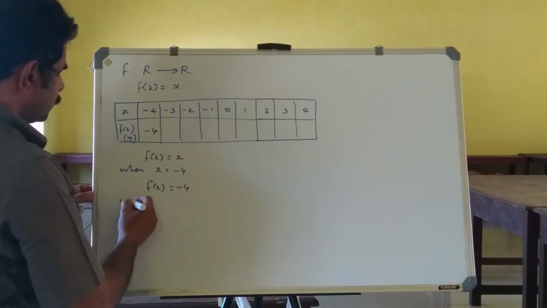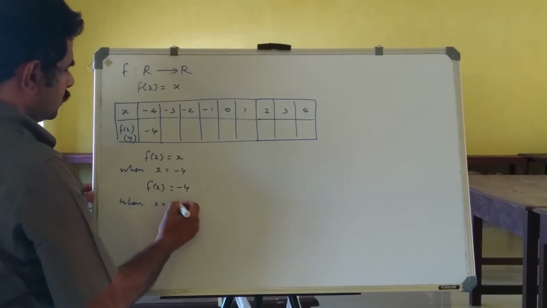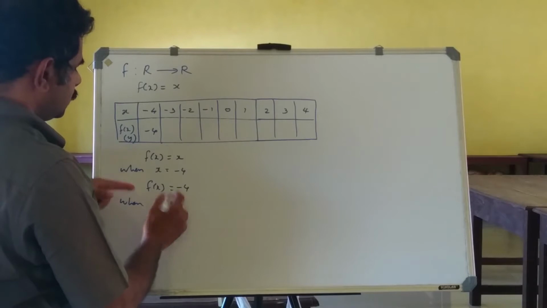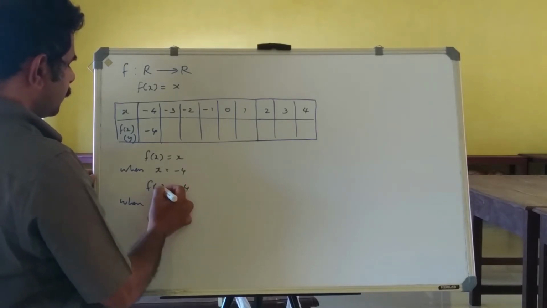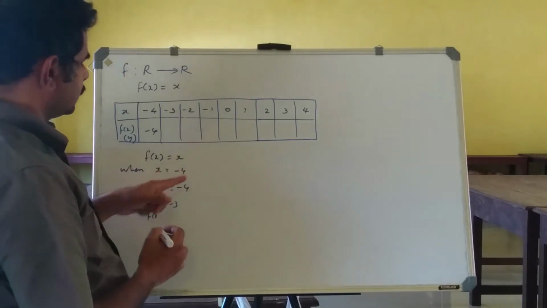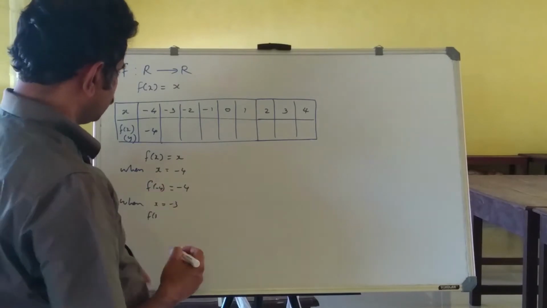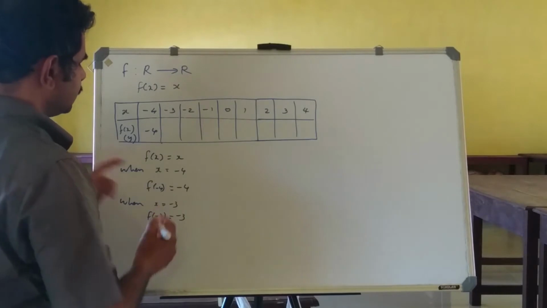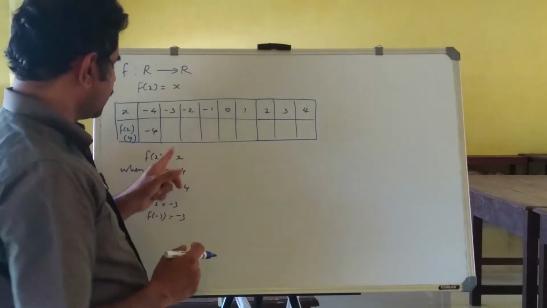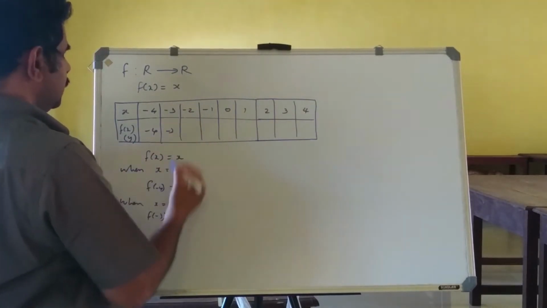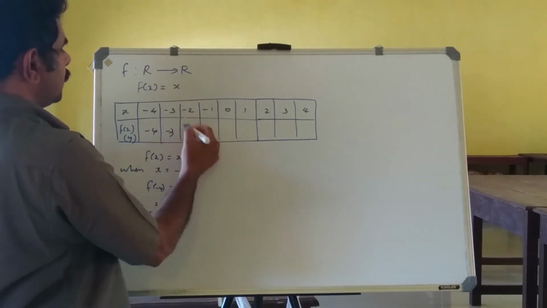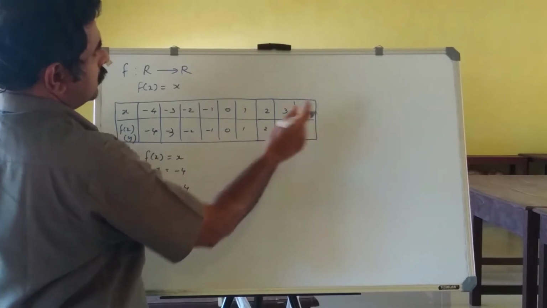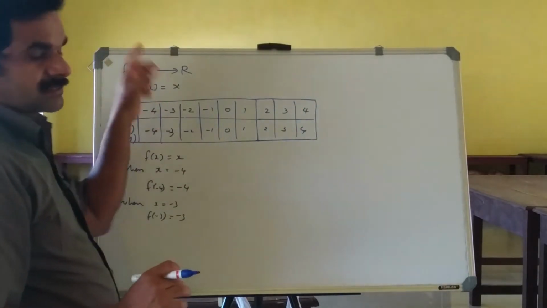When x is equal to minus 3, then f of x equal to what? Minus 3, because f of x and x are the same. Minus 3, and so on: minus 2, minus 1, 0, 1, 2, 3, 4. These are the same because f of x is equal to x.